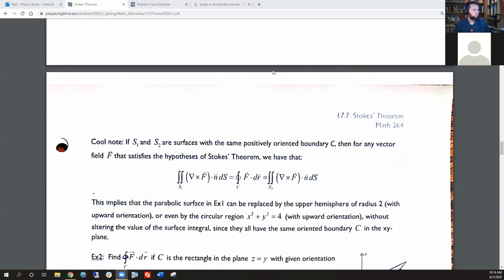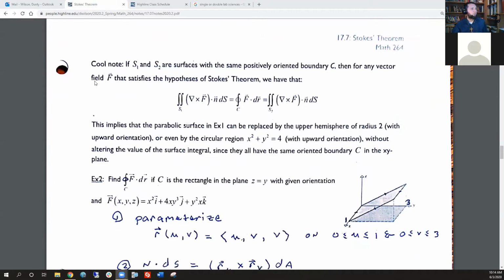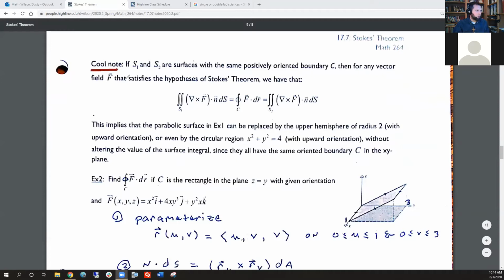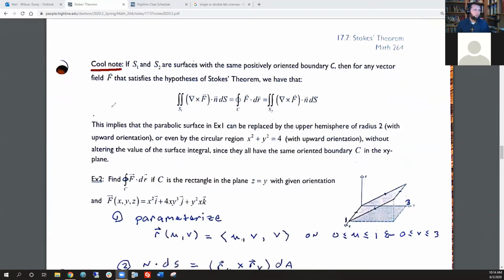Very cool. All right. So speaking of cool, let's look at this cool note. So if S1 and S2 are surfaces with the same positively oriented boundary C, then for any vector field F that satisfies the hypotheses of Stokes Theorem, we have that the circulation around, notice here it's S1, of the curl of F dotted with N dS, which would be the circulation, would be equal to the circulation across the surface 2.